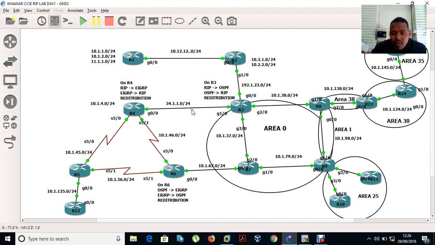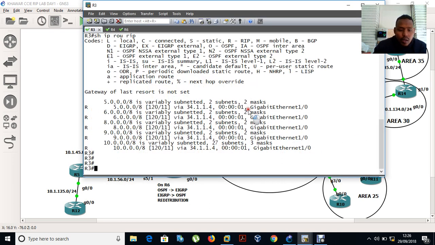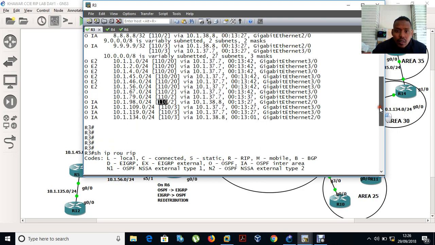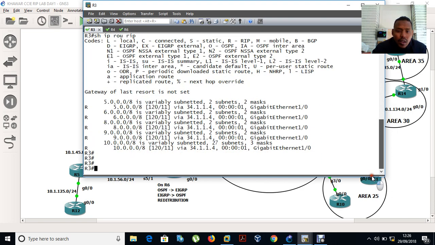Every routing protocol has a unique administrative distance. For example, OSPF has 110, they call it admin distance, and RIP has 120.